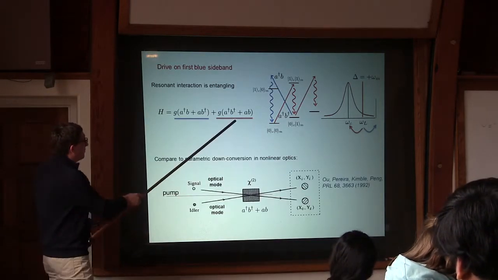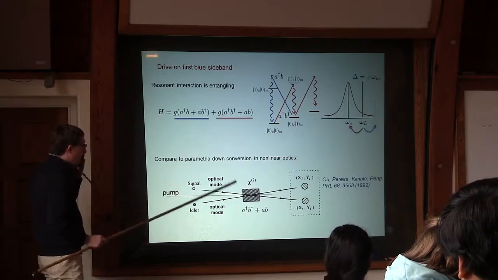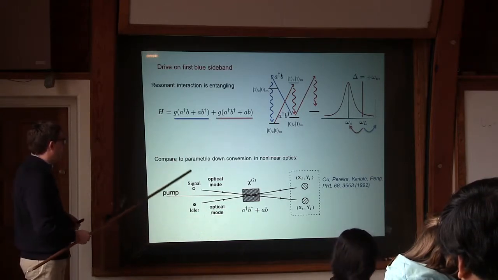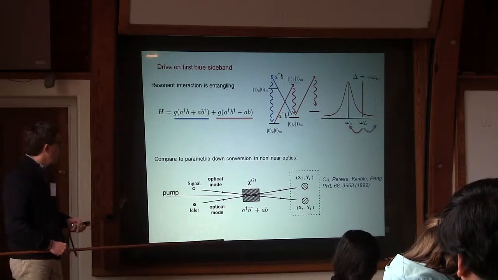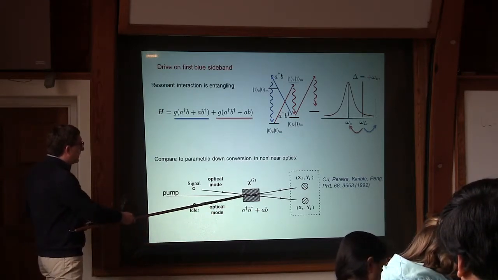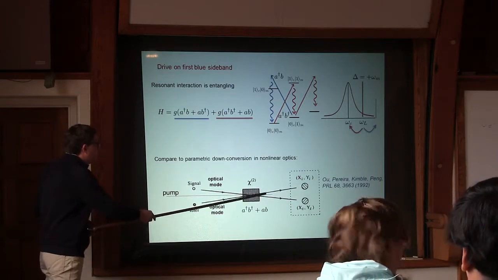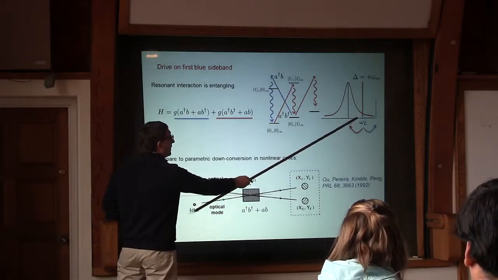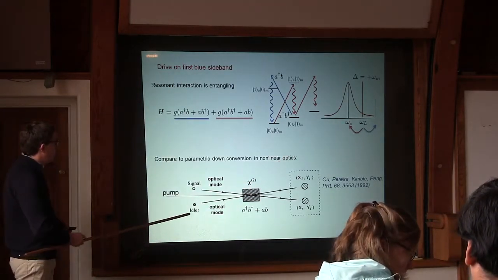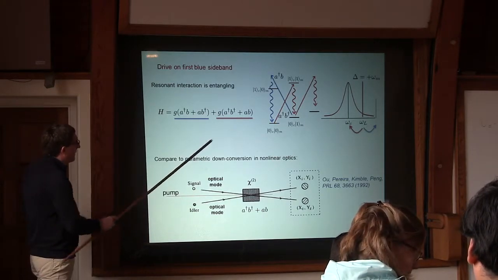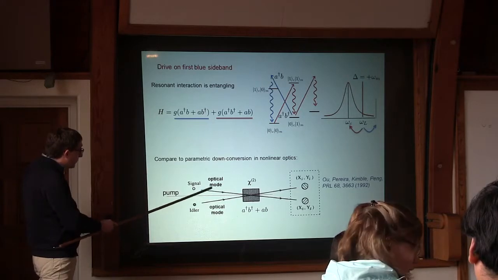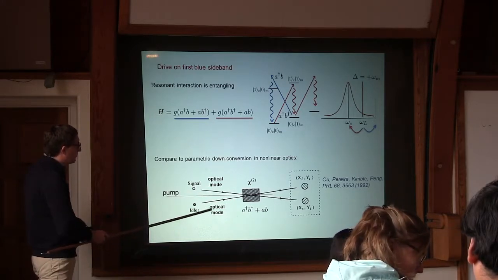That process described by these terms in the Hamiltonian should remind you, of course, of the well-known parametric down conversion processes in nonlinear optics, where we have a Chi2 crystal, we come in with some pump, which plays the role of the laser in our optomechanical system, and we come in with two optical modes, which now in the optomechanical context are a single optical mode and a mechanical mode.